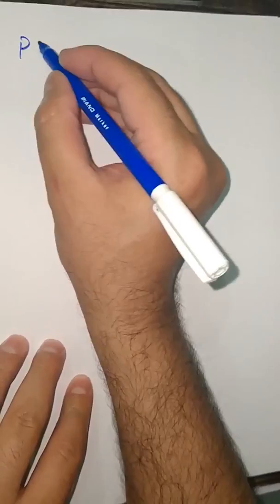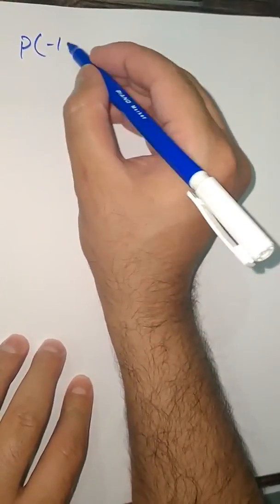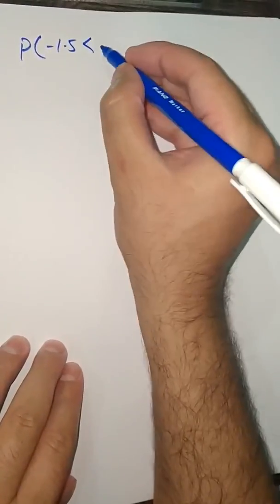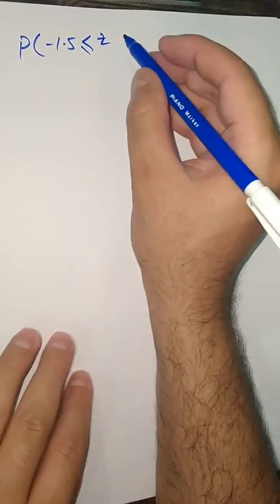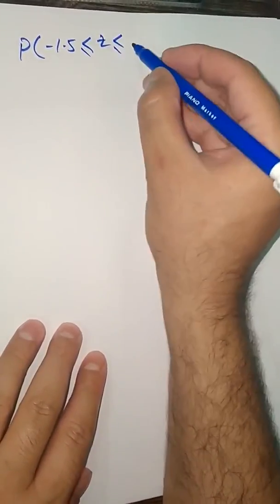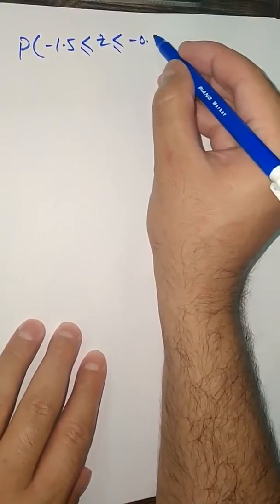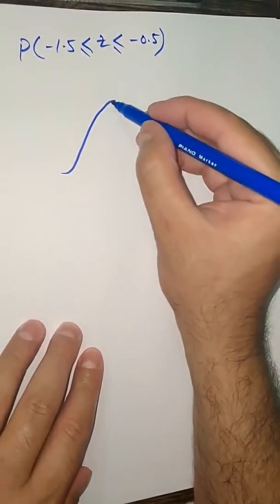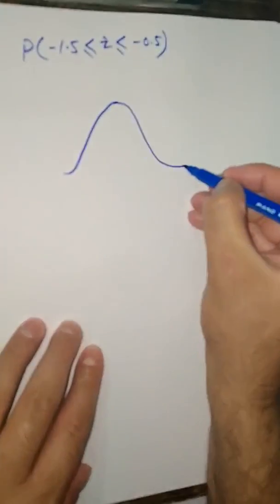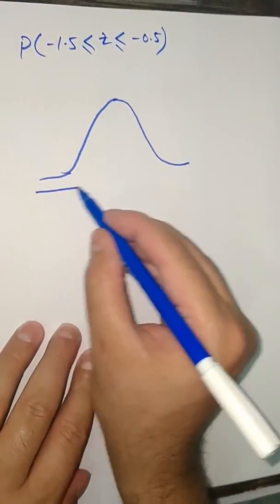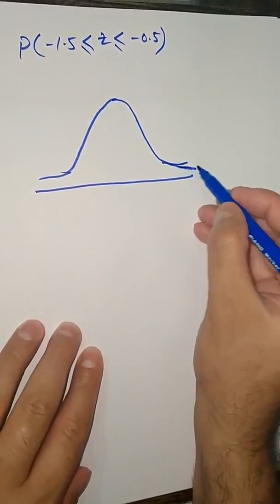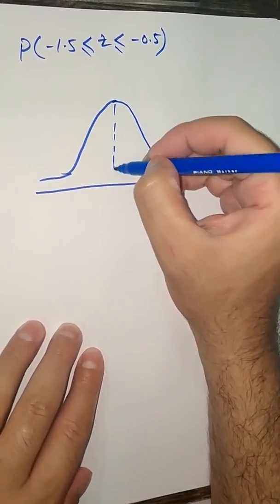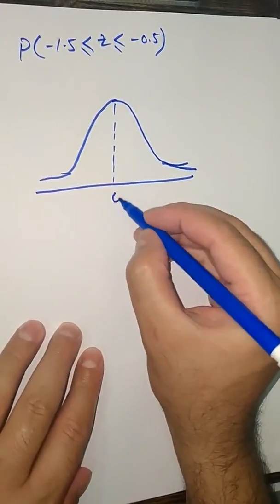Okay, let's solve another example. Let's find the probability when z is greater than or equal to minus 1.5, and less than or equal to minus 0.5. So here is the standard normal distribution with mean at 0.